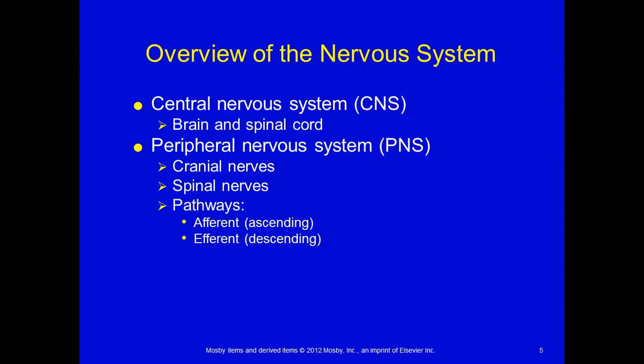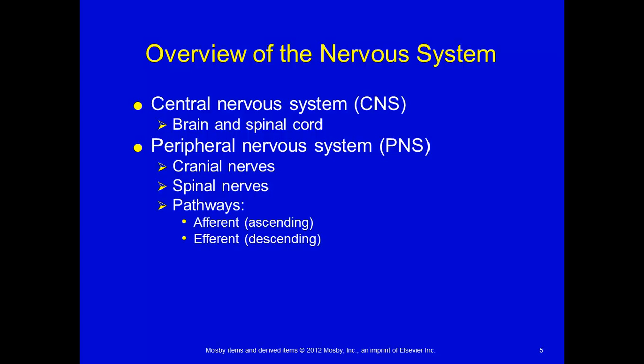So let's get started. Overview of the neurologic system. We know from your anatomy and physiology courses, and maybe even a little bit of your biology courses, that the nervous system is divided into two major systems: the central nervous system and the peripheral nervous system.